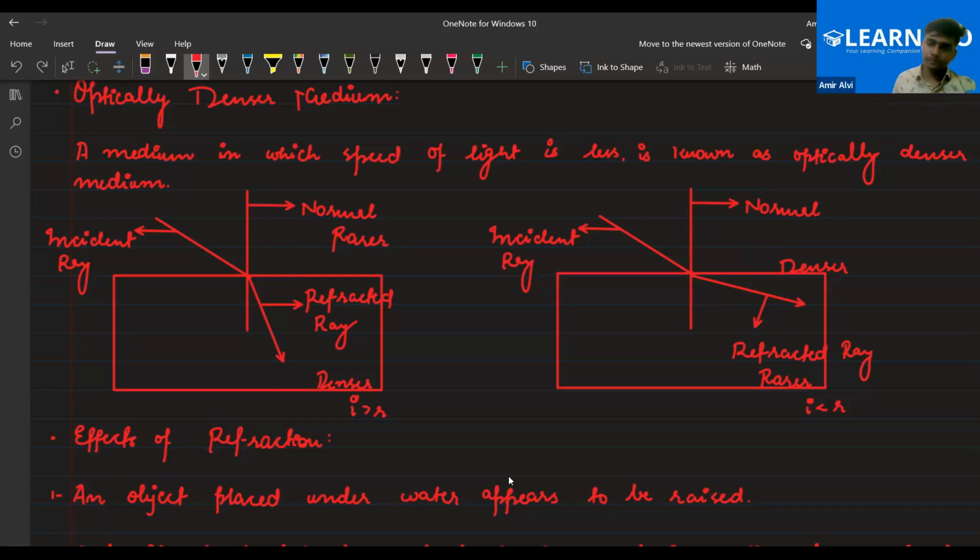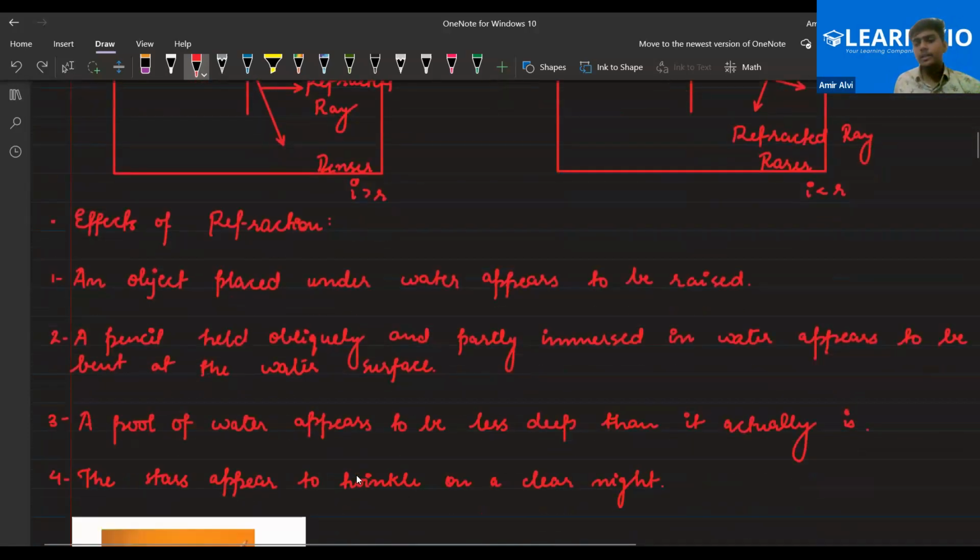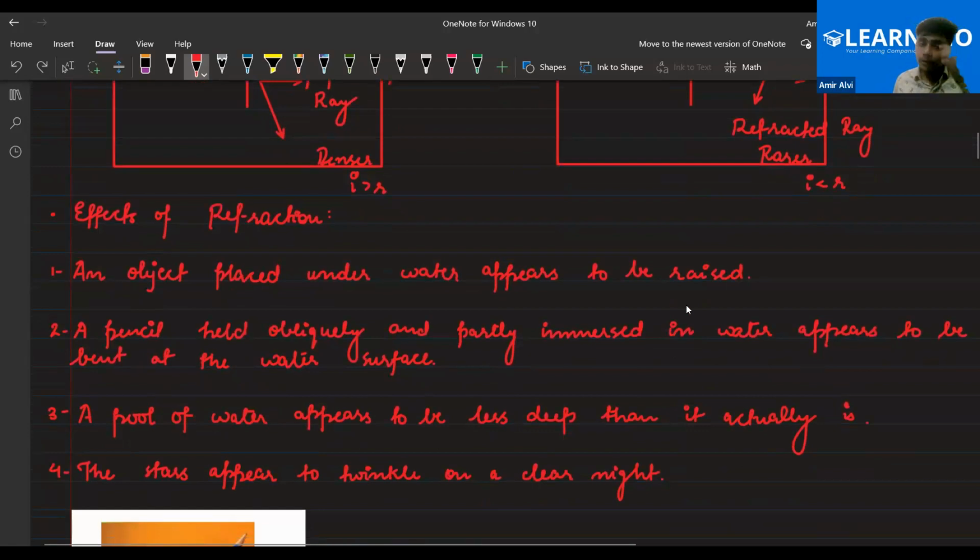Okay. Now let's understand the effects of refraction. These are normal day-to-day life observations. An object placed under the water appears to be raised. When you see an object sunk inside the water, it appears to be raised due to the refraction of light.